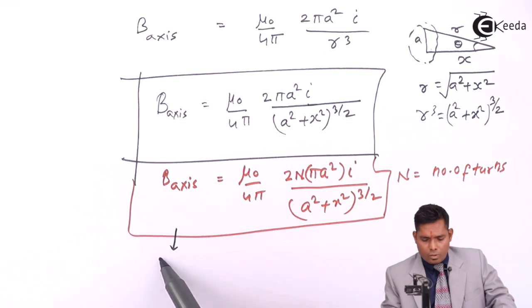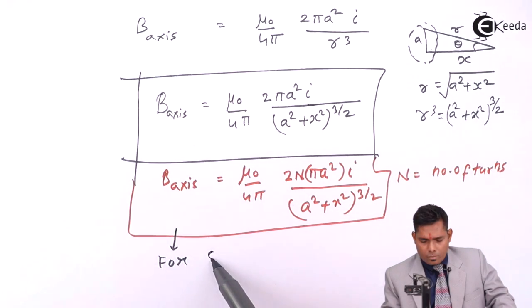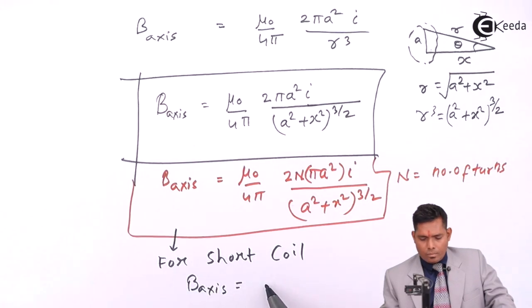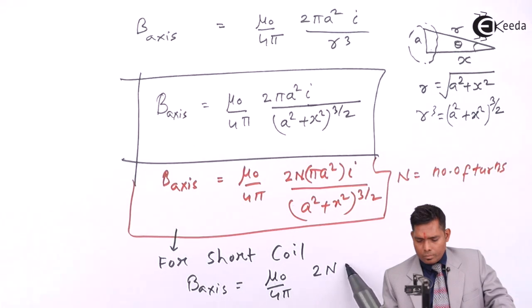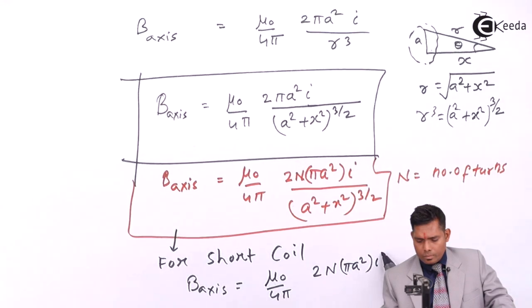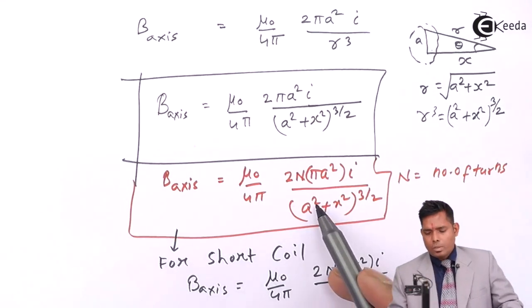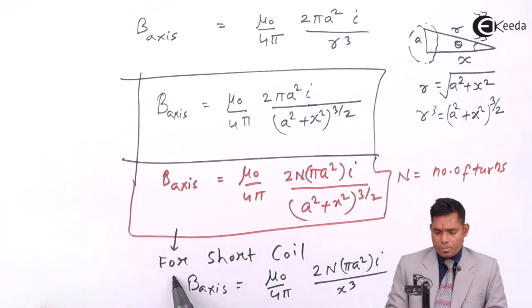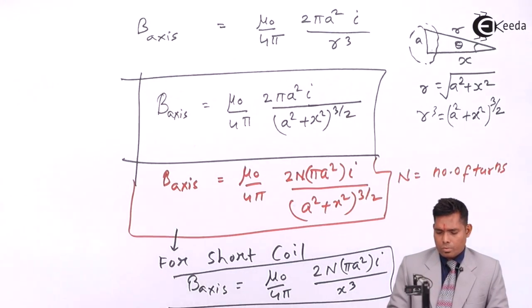So for a short coil, B axis will be mu naught upon 4 pi, 2 n pi A square I by x cube. This will be 0 and this 2 will cancel. It is x cube.